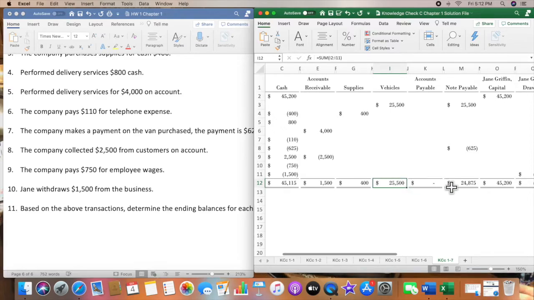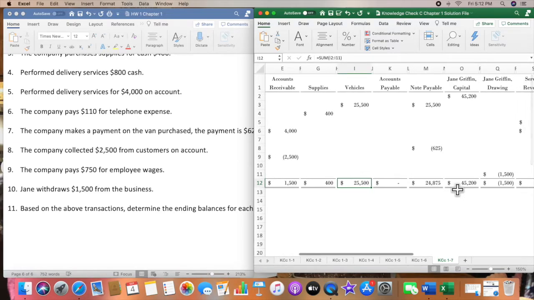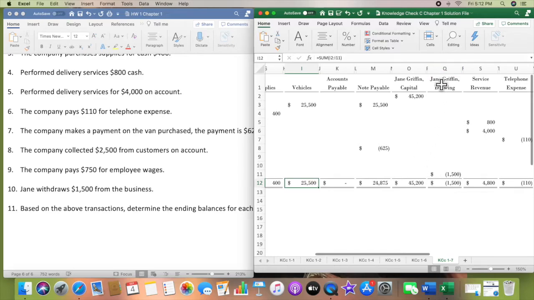We have nothing under accounts payable. Our notes payable is down to $24,875. Our Jane Griffin capital is at $45,200.